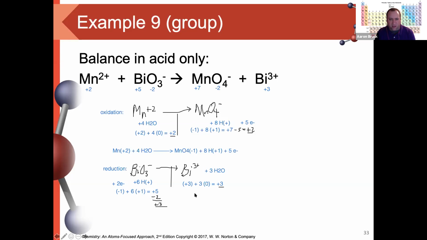In a similar fashion, I've got everything balanced up. Let's go ahead and write the half reaction. It's BiO3 -1 plus 6 hydrogen positive ions and 2 electrons, making Bi +3, bismuth 3 ion, and 3 waters.